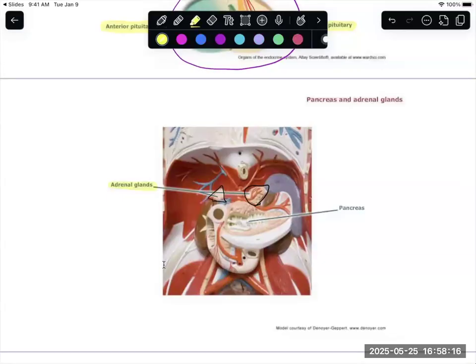The other organ or gland we have here is the pancreas. Most people know that the pancreas secretes insulin. There are other hormones that come from the pancreas. Insulin is secreted by beta cells. We have alpha and beta, those are the two main ones.